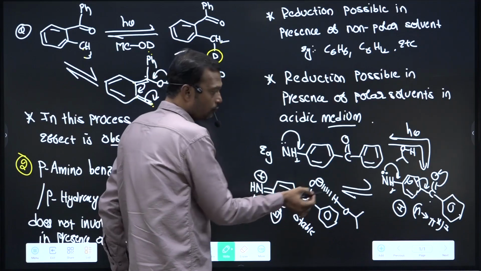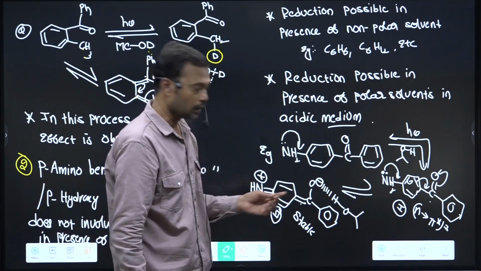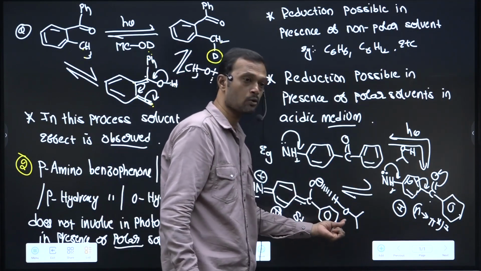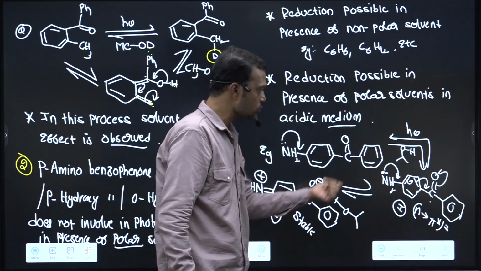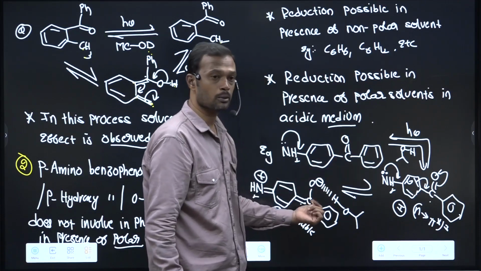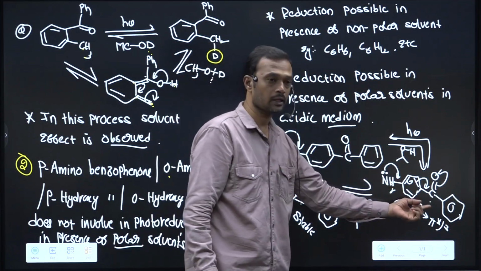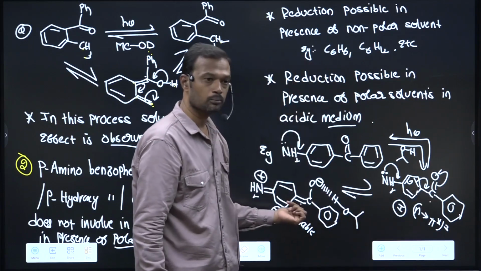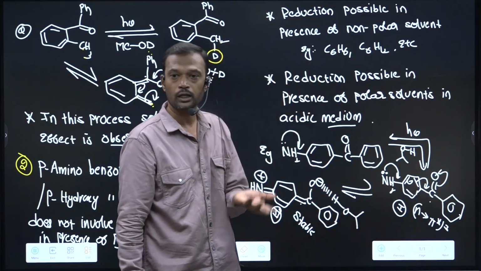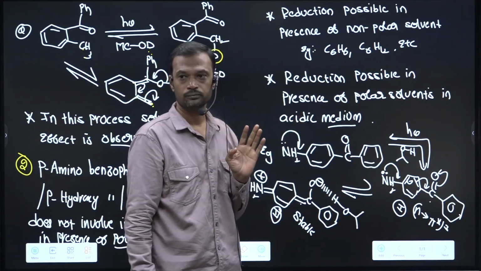But whenever I take any polar solvent, we know that the enol form has a tendency to form strong hydrogen bonding. Due to strong hydrogen bonding, after using a polar solvent, is keto more stable or enol more stable? Enol is more stable. It means the keto form is disappearing, its availability. It starts converting into the enol form. So whenever you get enol, is it possible to reduce? No. So that's why no photoreduction.